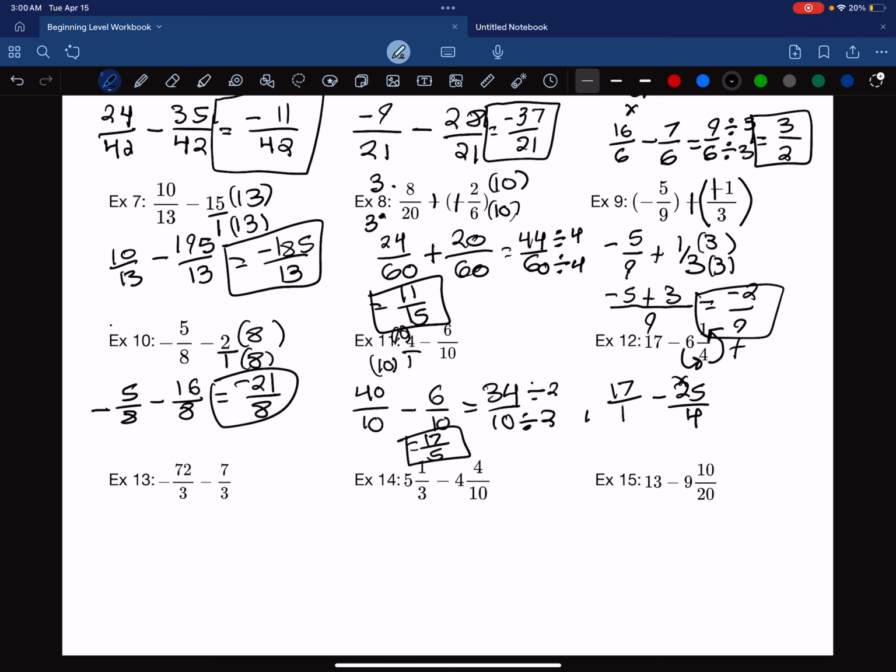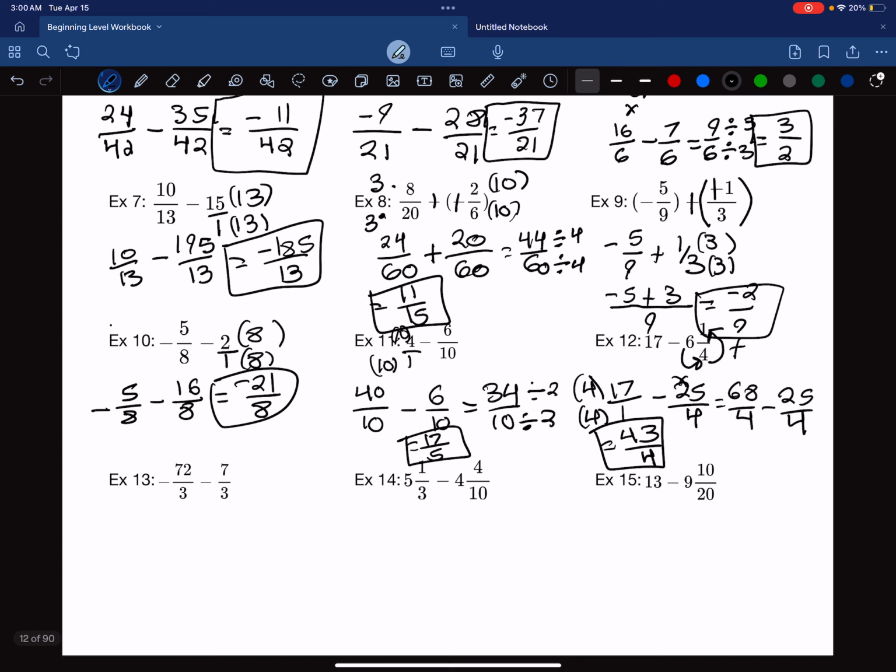And to get a common denominator, I'm going to multiply this fraction by 4. 17 times 4 is 68. So you get 68 over 4 minus 25 over 4. 68 minus 25 is 43. We're going to put that over 4.